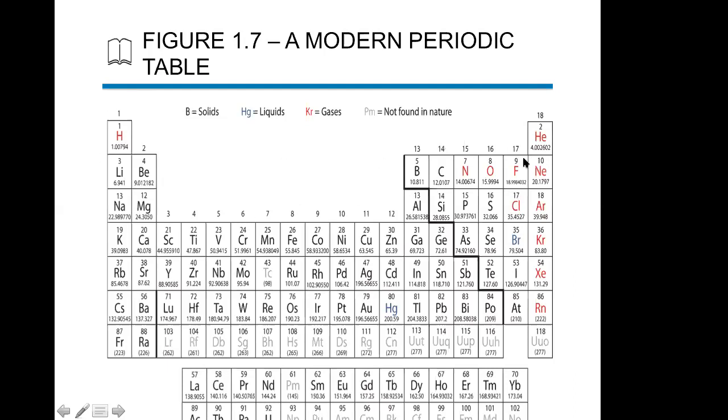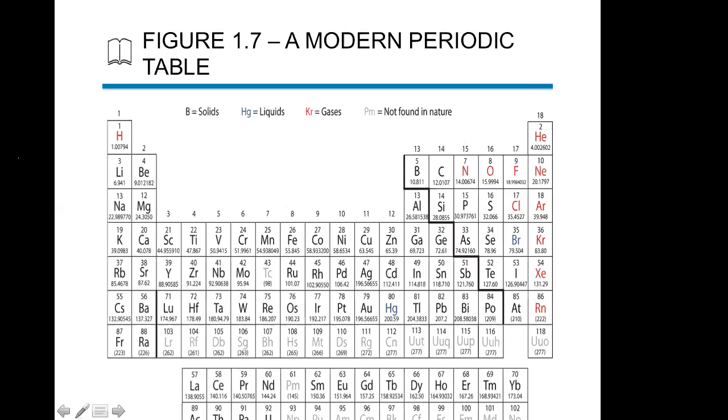But when we have a table that looks like this, you just have to remember that when we get to this third column here, we're ignoring the middle area, this third column where boron is, instead of 13, it's just 3. So for carbon, instead of 14, it's just 4. So you just drop that teen part of the number and leave it as 3, 4, 5.